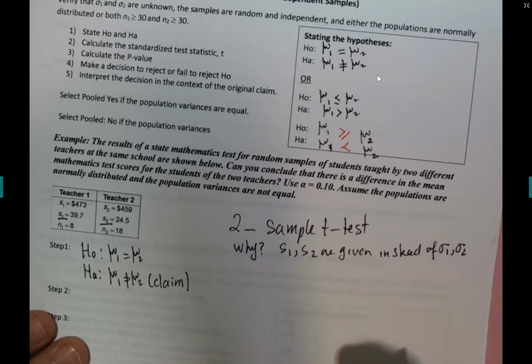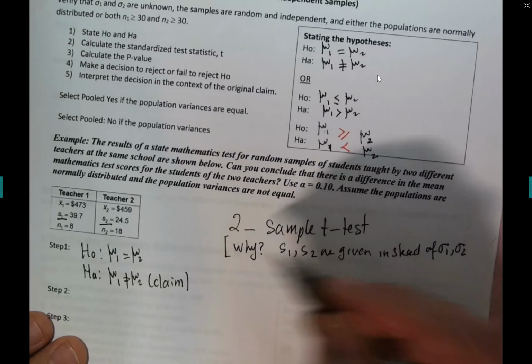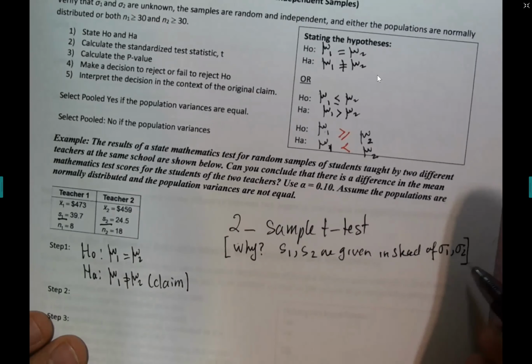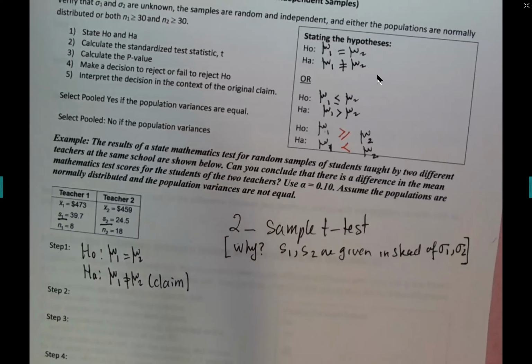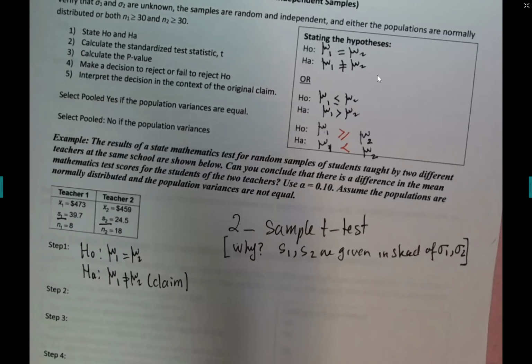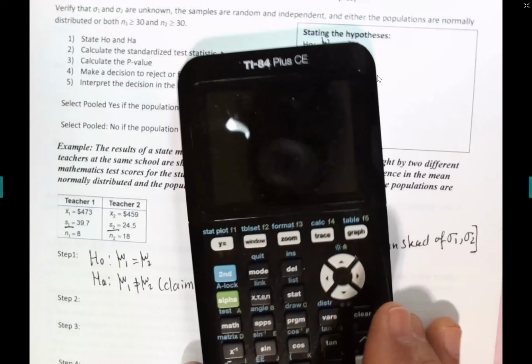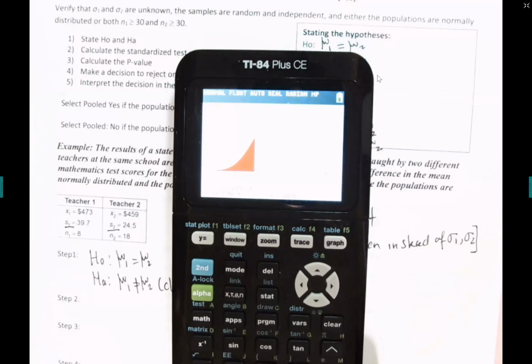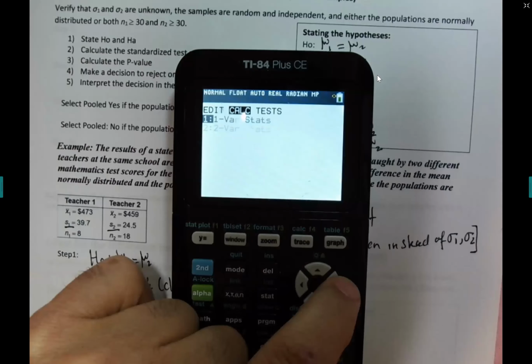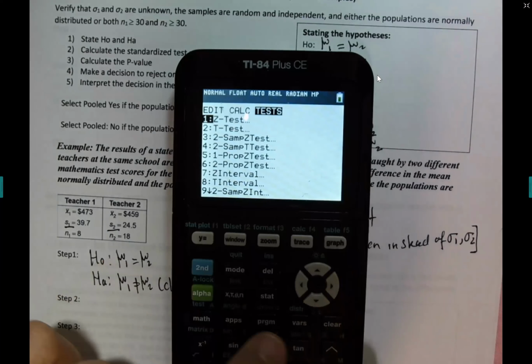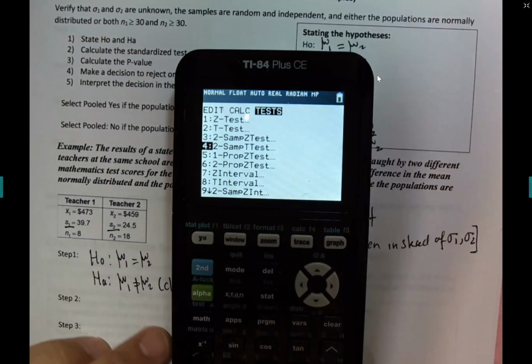That's a very important note right here. All right. Let's go to the two-sample t-test and see how we're going to proceed from there. I'm just going to take time here because it's slightly different from the previous test. It's number 4, guys.